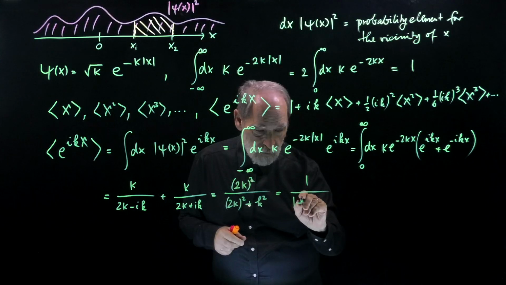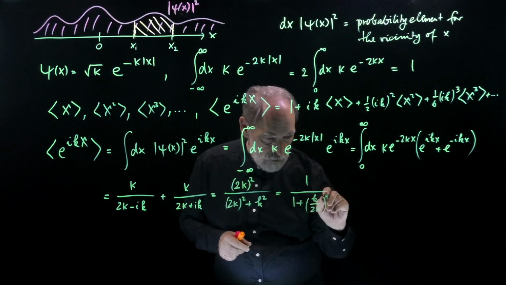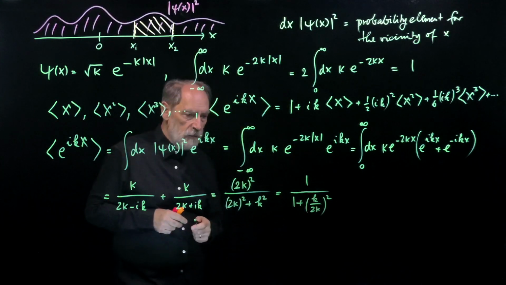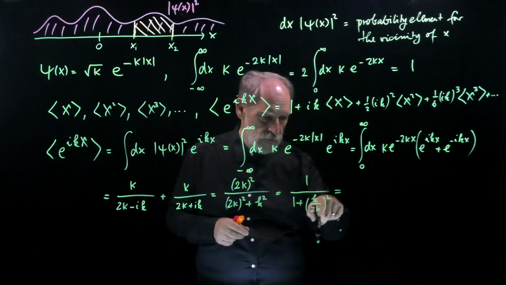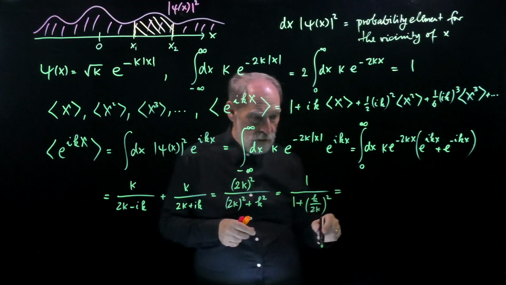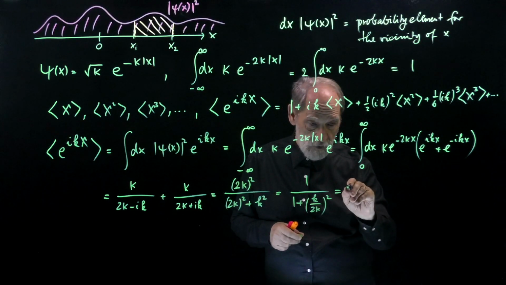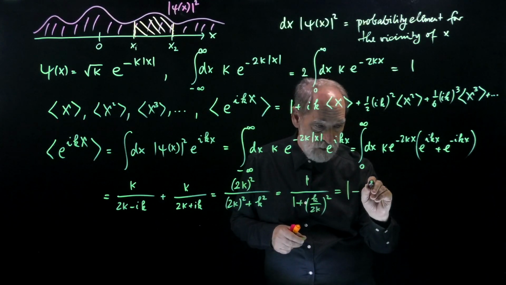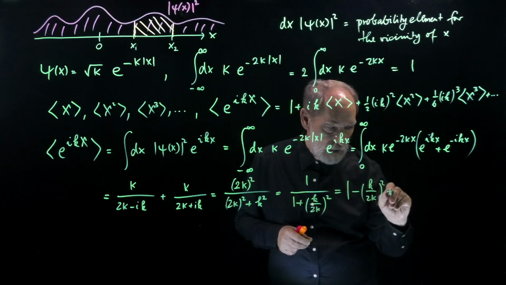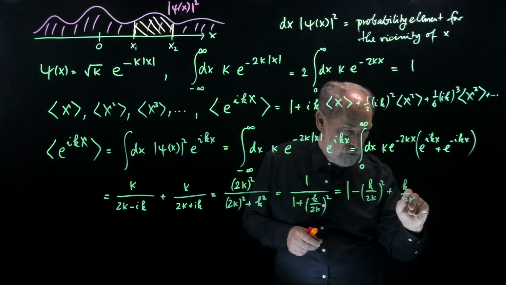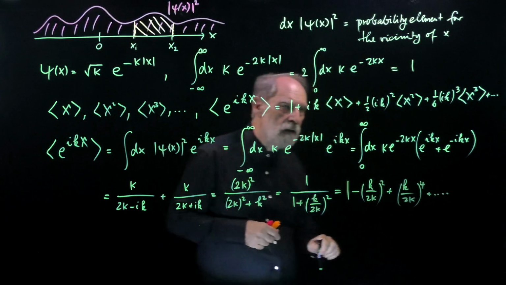So it will be 1 over 1 plus k squared divided by 4 kappa squared. Where we recognize that this is easily expanded in powers of k by just seeing here the result of summing a geometric series. So this is equal to 1 minus k squared divided by 4 kappa squared plus k to the fourth divided by 16 kappa to the fourth, and so forth.